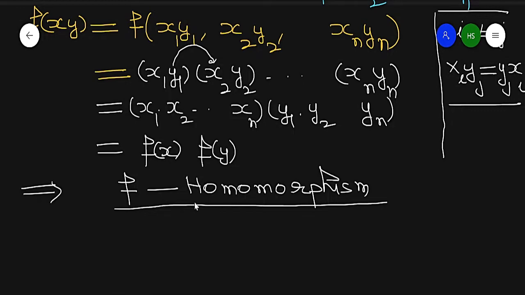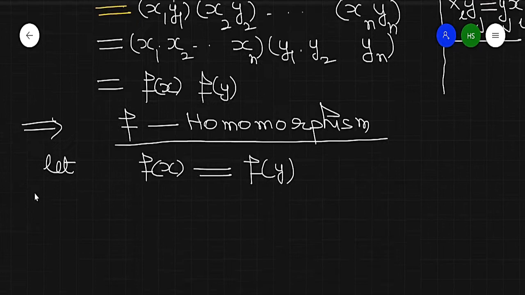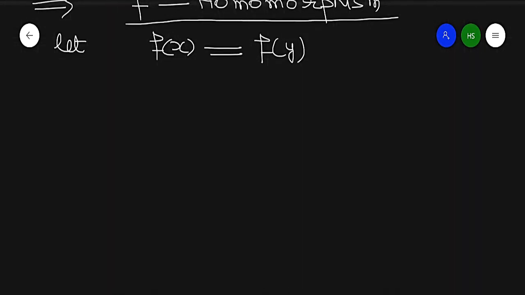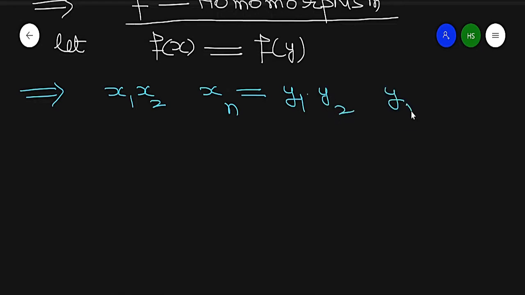Now to prove one-one, I take f of x equal to f of y. Now substitute the values of f of x and f of y in a very simple way. So it implies x1, x2, xn is equal to y1, y2 and yn.